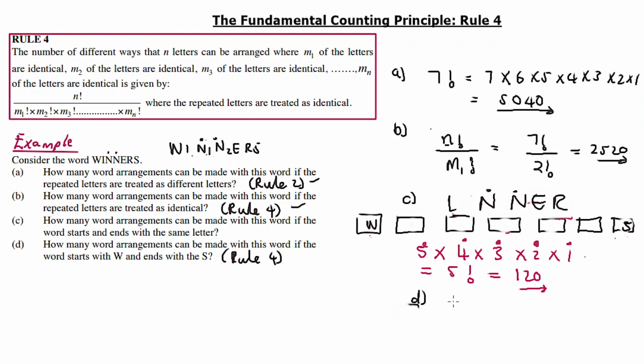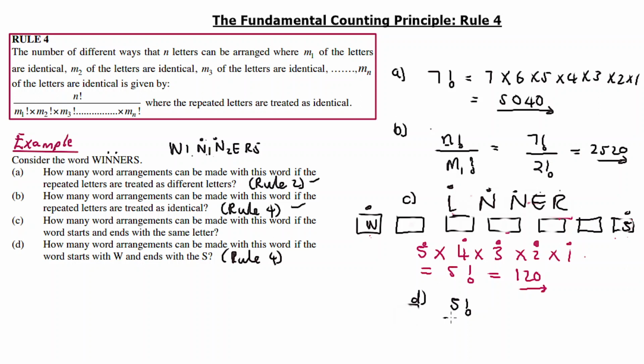Okay. So here it will be 5 factorial, because how many choices do I have? 1, 2, 3, 4, 5. I am left with I, N, N, E, R, W and S already have positions. So I have 5 choices.